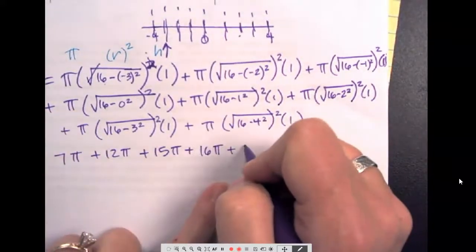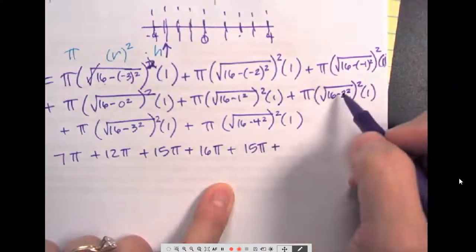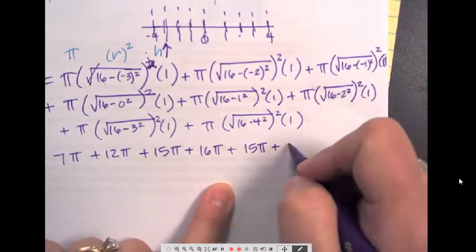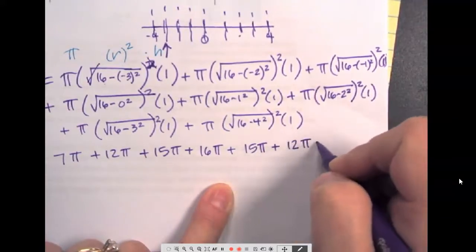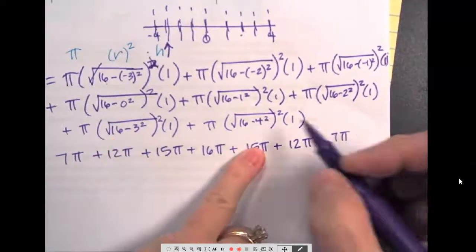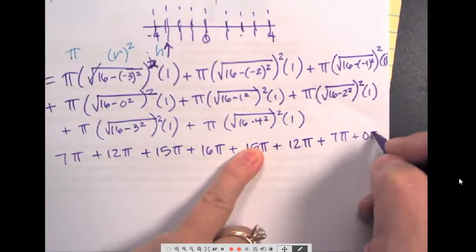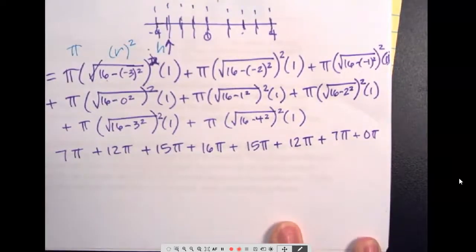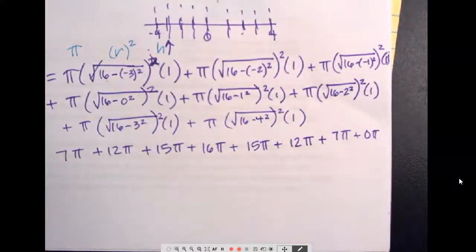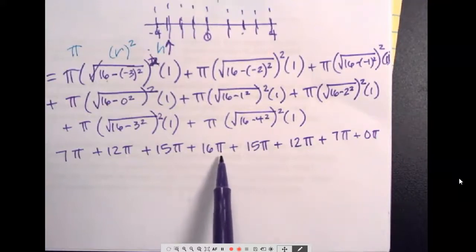Yeah, and then we start going back down again. 15 pi. 16 minus 4 is 12 again. That one will be 7 again. And then the last one actually does have a radius of 0, so we just have nothing there. So it's 1, 2, 3, 4, 5, 6, 7, 8. Okay, let's see.